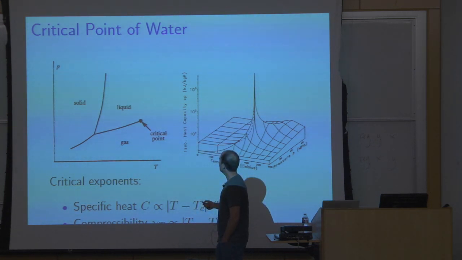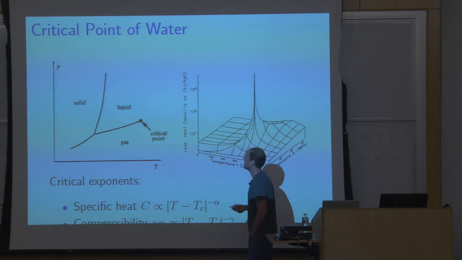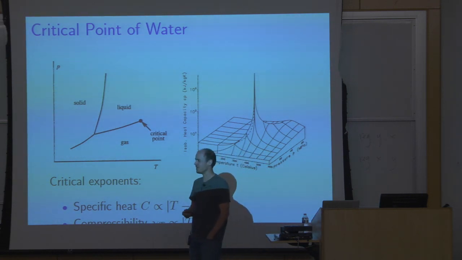But if you go to high enough temperatures and pressures, there's actually a point where the distinction between the liquid and the gas disappears. And by the way, this phase diagram is not exactly correct for water because this line goes in the wrong direction. But you can ignore that for the moment. This is supposed to be sort of paradigmatic for liquid-vapor transitions. So we're just interested in this part of the plot.